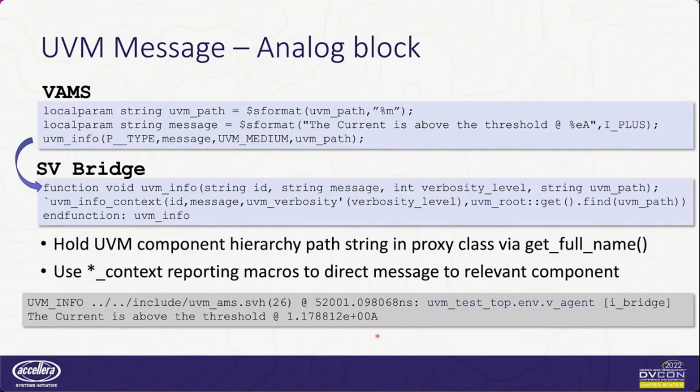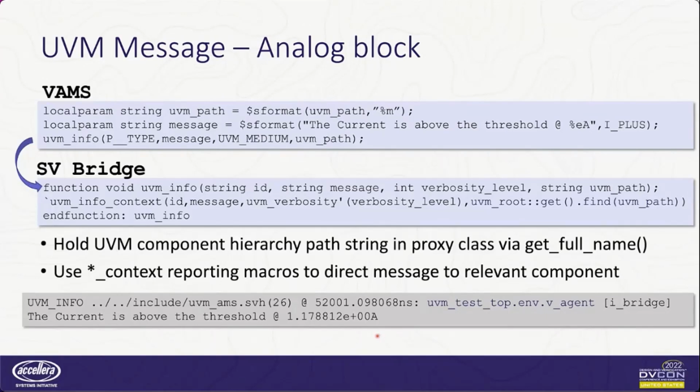And then inside of our analog resource, when we want to print a message, we just call UVM_info, set up our tag, and pass the message, the verbosity, and the UVM path parameters.